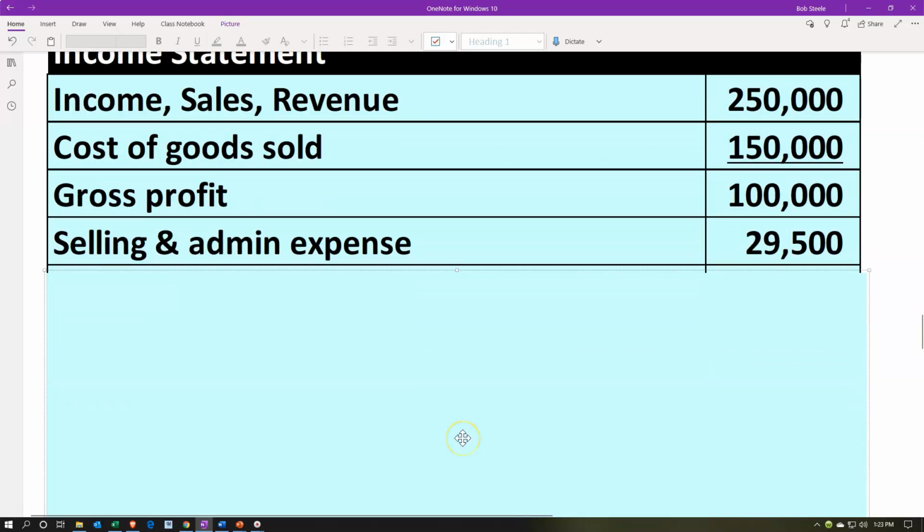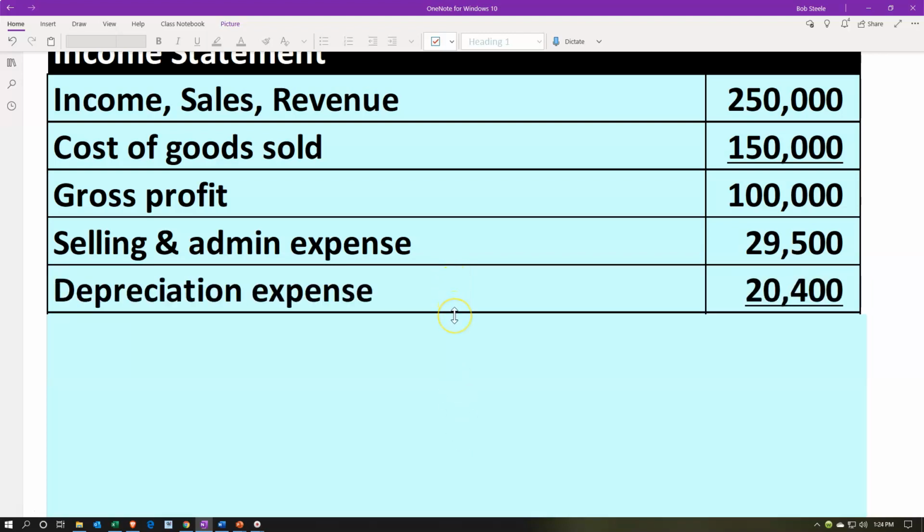Then we have the selling and admin, which are basically categories of expenses. Selling expenses could include things like the sales salary or the sales commission, anything related to the store that you sell stuff in. And then the admin expenses might be anything related to the corporate office, admin salaries, and so on.